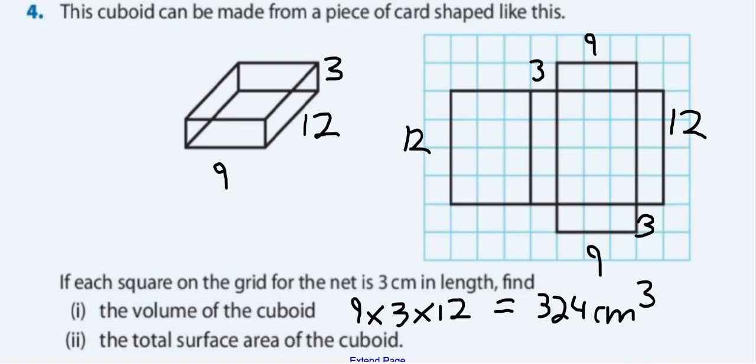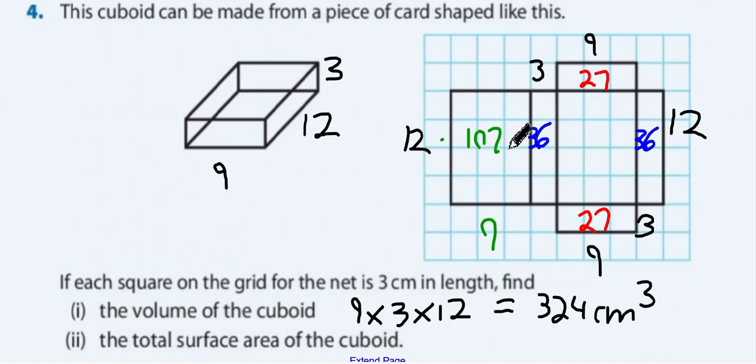The next thing I'm asked for is the total surface area. Now what I'm going to do is just do each little one individually. Everybody see this red one? 3 by 9. And the other? This blue one here? 3 by 12. 36. And this other one? 36. And finally this green one? 9 by 12. And then the other one?